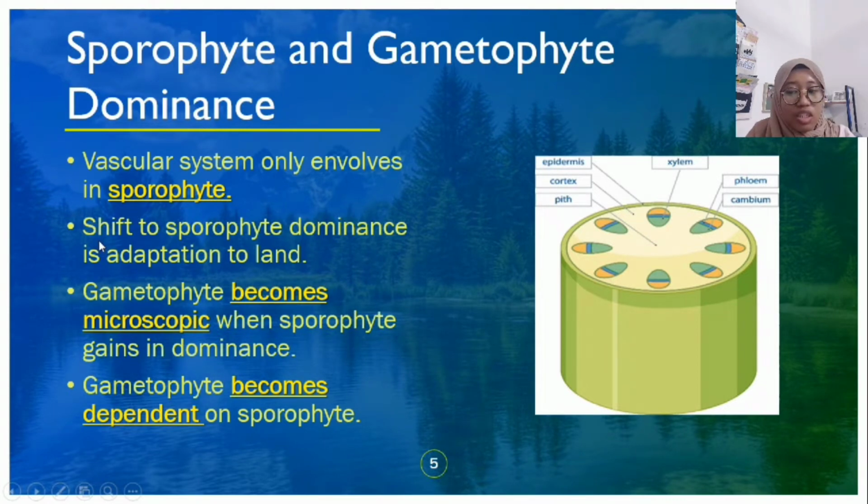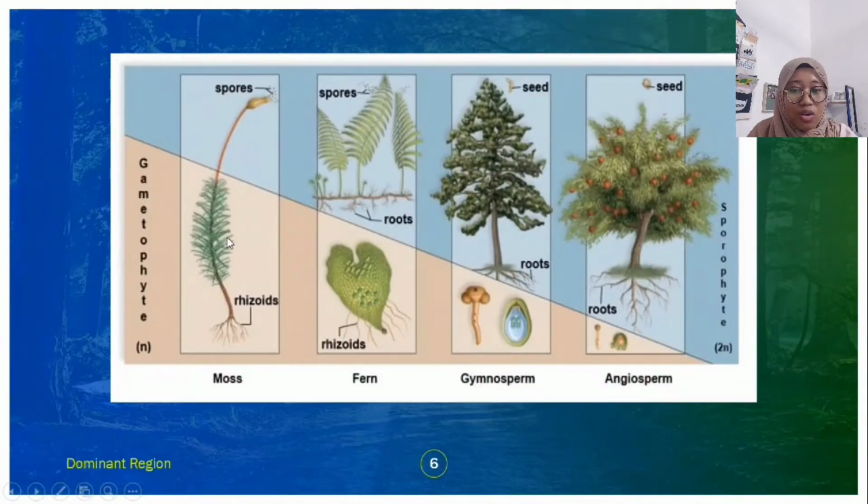Therefore, the shift to sporophyte dominance is an adaptation to land. The gametophyte becomes microscopic when the sporophyte gains in dominance, and the gametophyte becomes dependent on the sporophyte. Based on this picture, we can see the gametophyte becomes microscopic and dependent on the sporophyte.